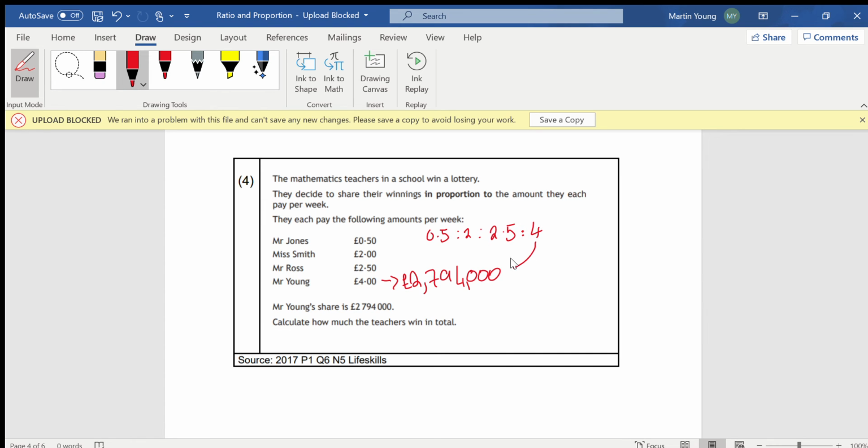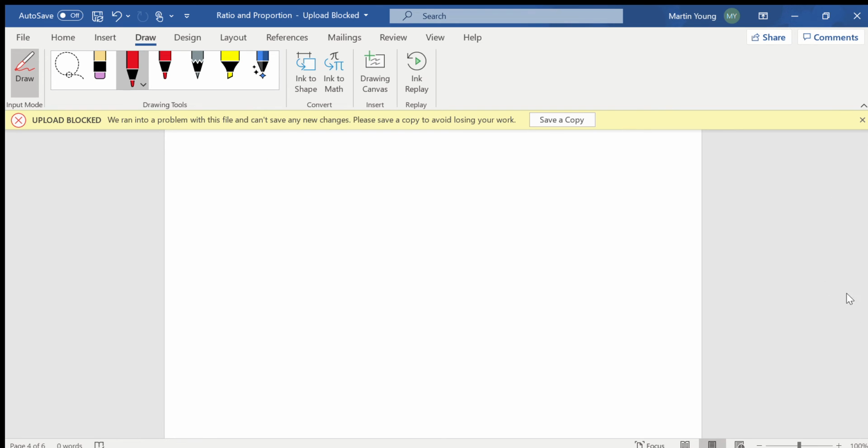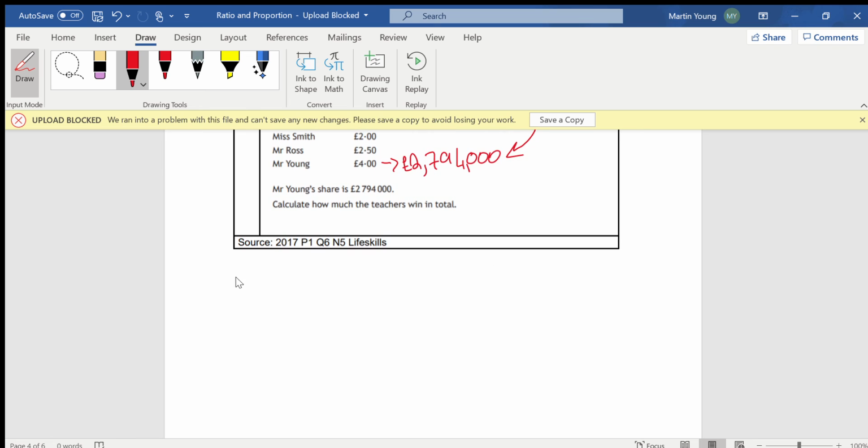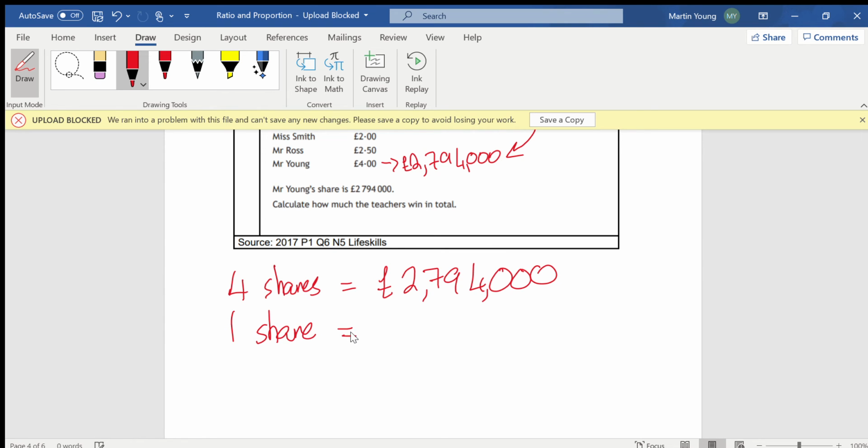So this here is about 4 shares. 4 shares is equal to 2,794,000. I want to work out what 1 share is equal to. How am I going to do that? Well, I've divided by 4 here, and I've divided by 4 here as well.